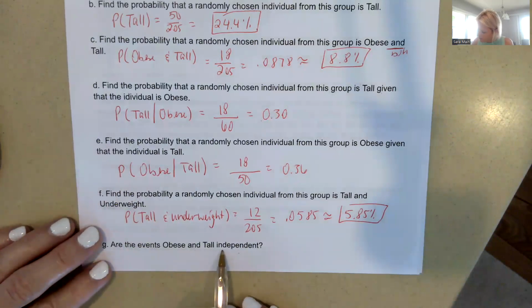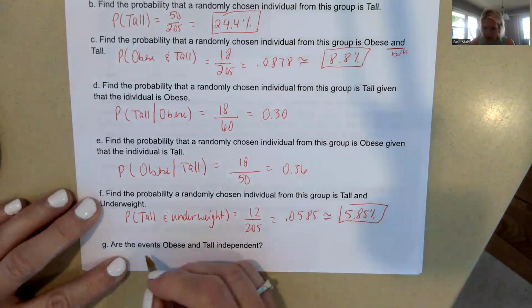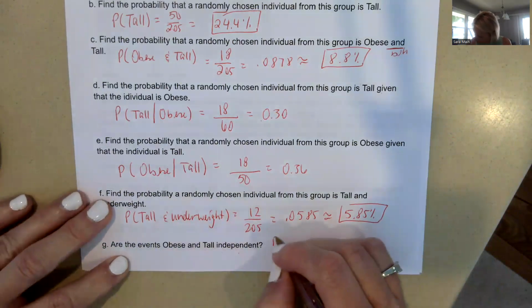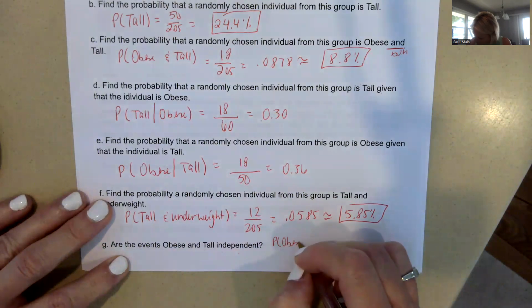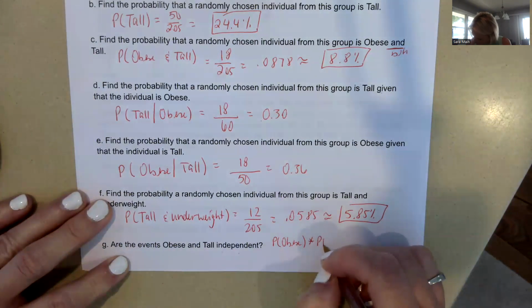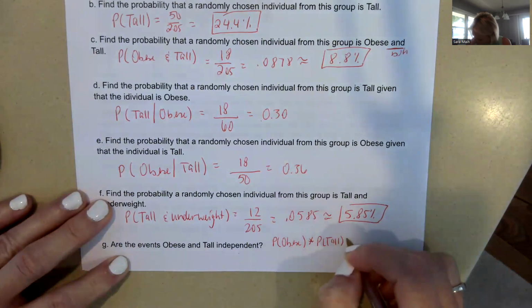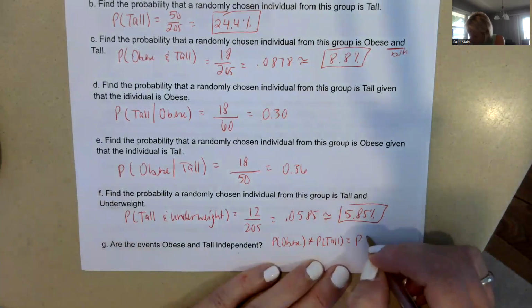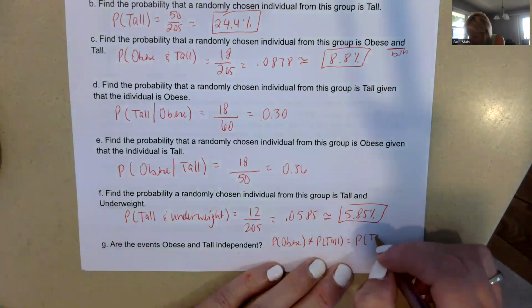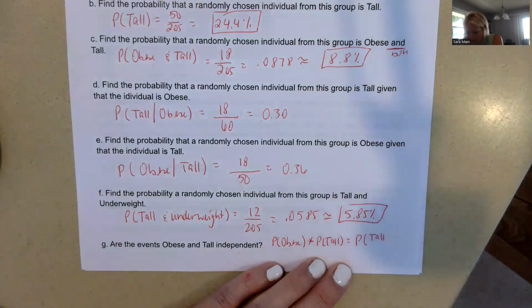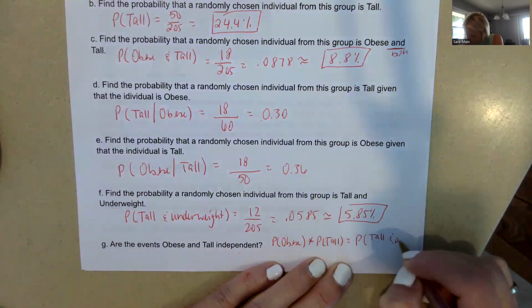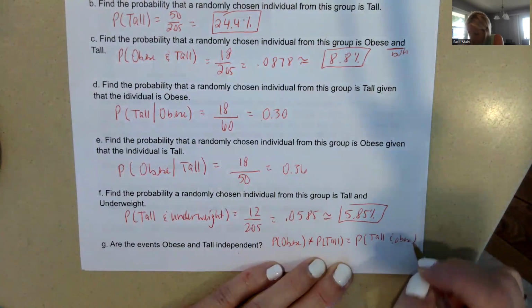Are the events obese and tall independent? Okay, obese and tall independent. So if they were independent, then the probability of obese times the probability of tall would be equal to the probability of tall and obese.